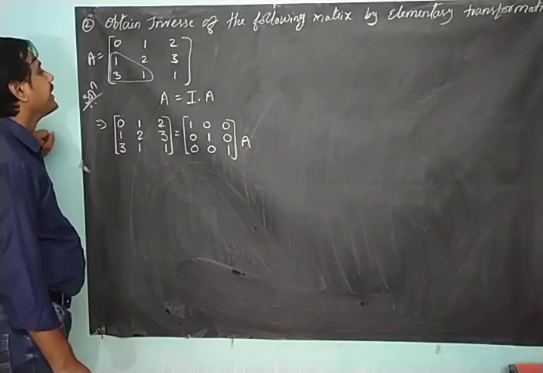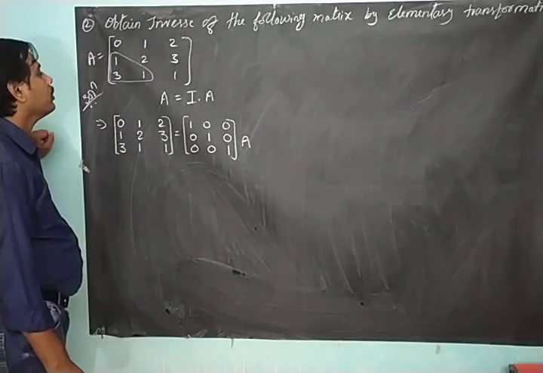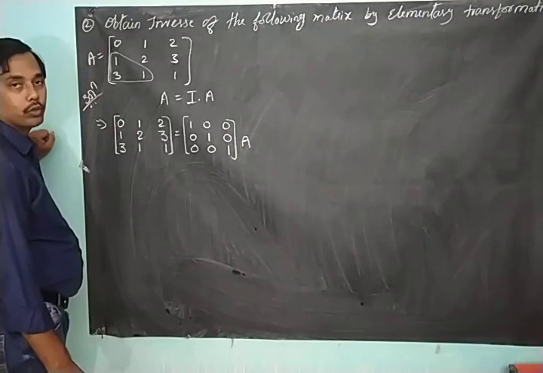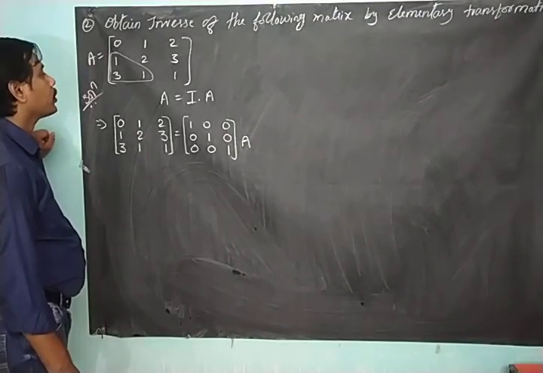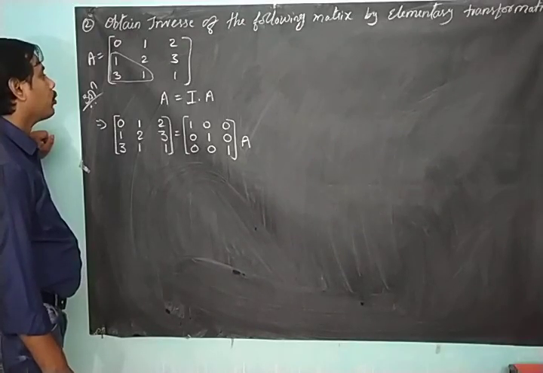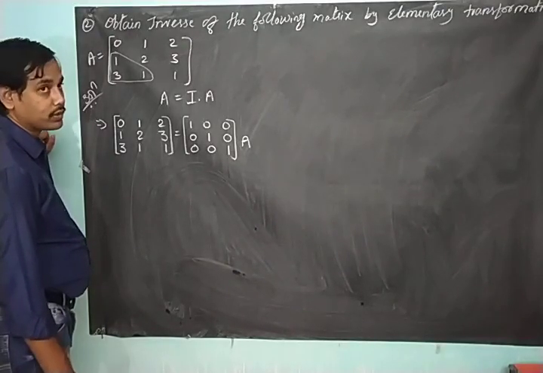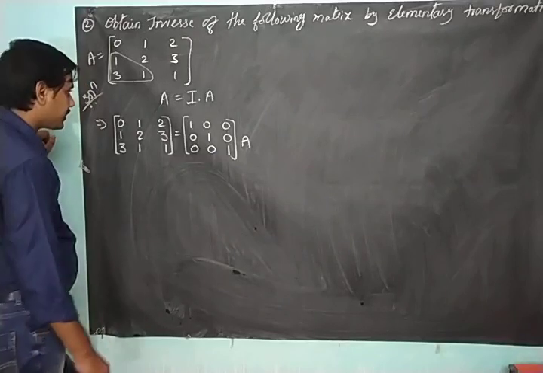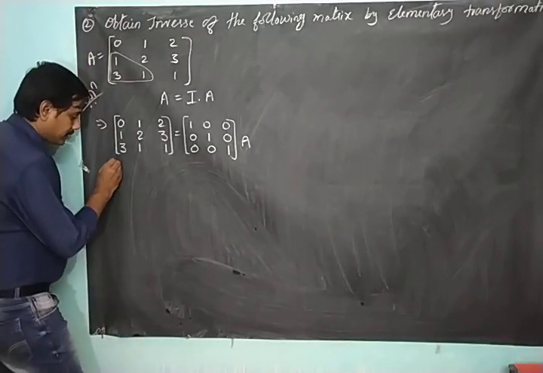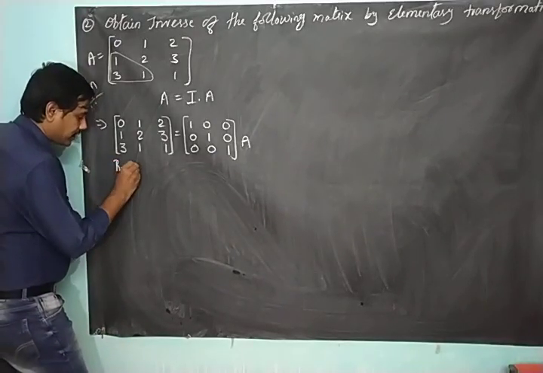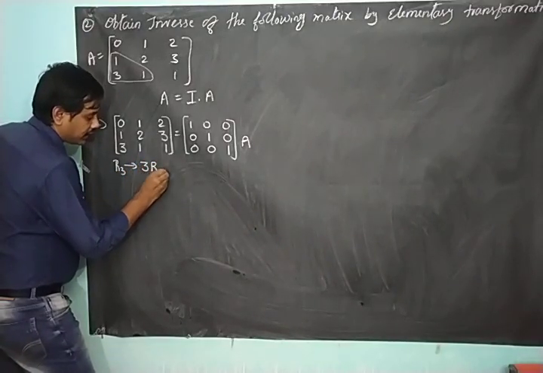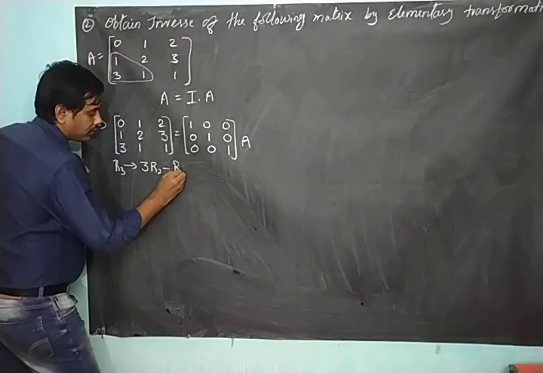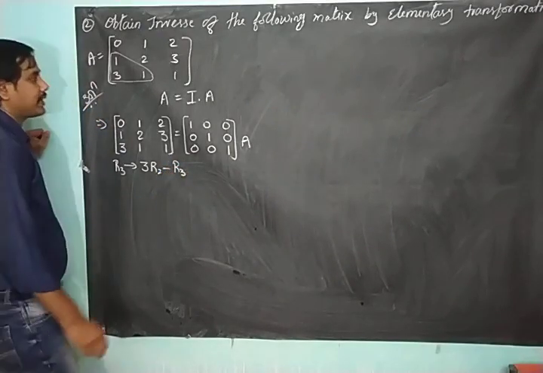So I can write R3 changes to R3 minus 3R2, or R3 changes to 3R2 minus R3. R3 changes to 3R2 minus R3.